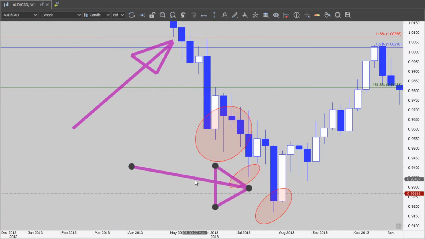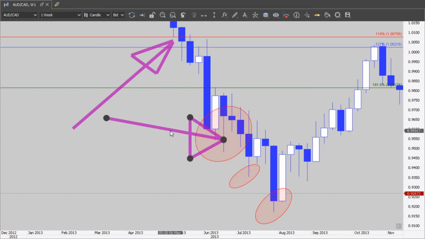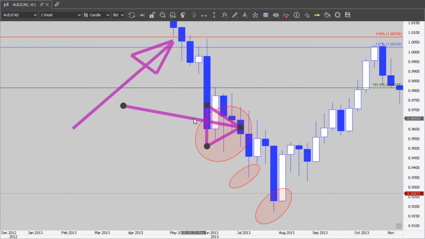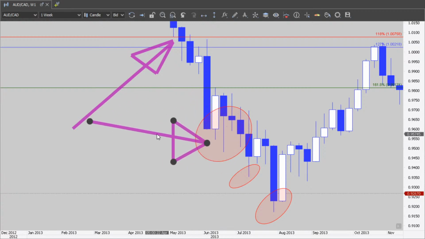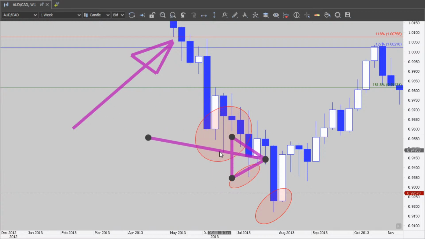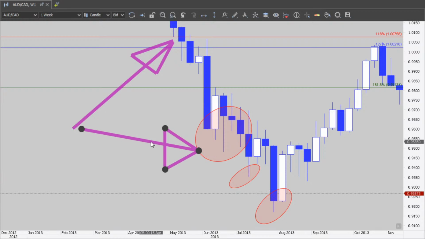Those 3 are all lows. What is a low? A low is a central candle with 2 candles on the left and 2 candles on the right with higher low values. Okay, this is a low, this is a low, and this is a low.